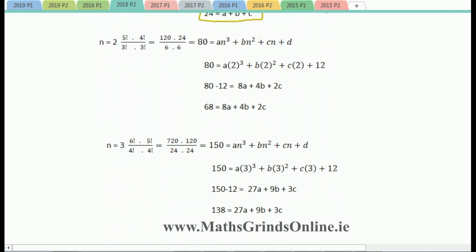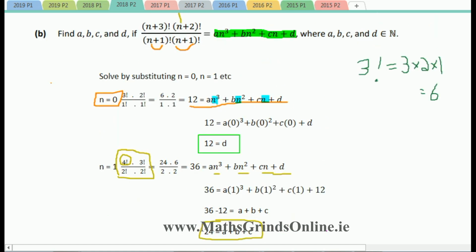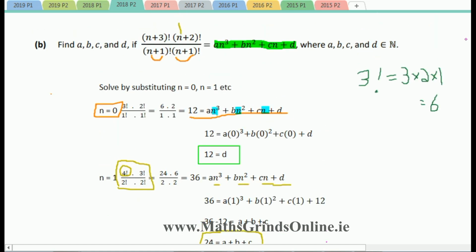Okay, you can see on the screen right there now I have the next 2 steps done out. I sub in n equals 2 here. So now reverting back up to the top here again, at the very top of the screen there, just do a little box around that.